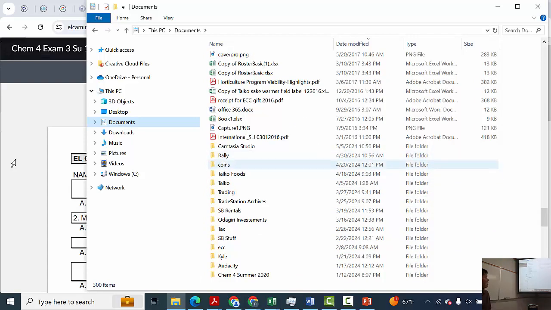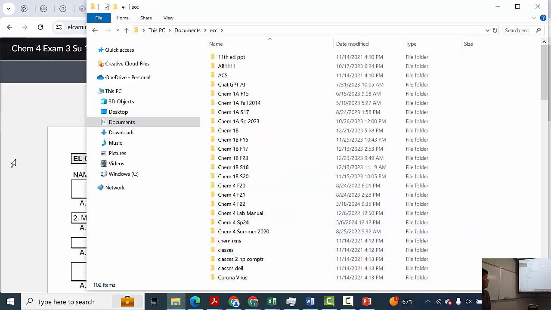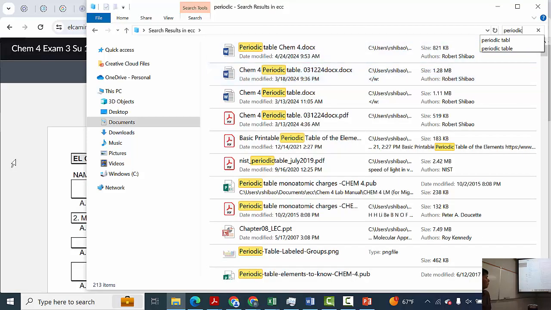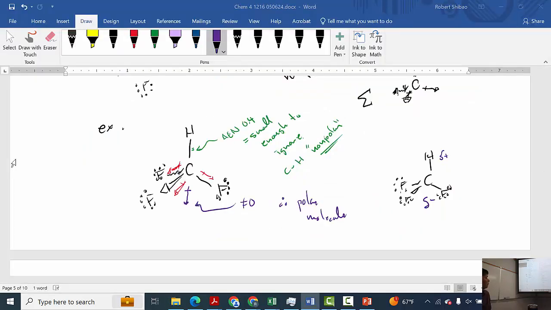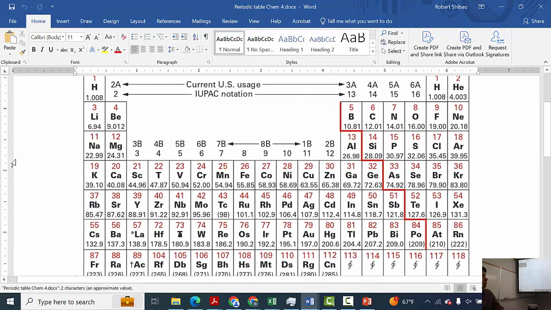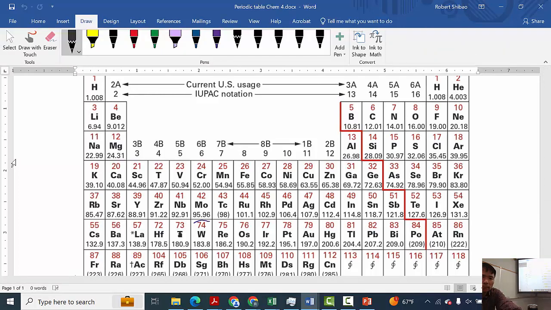Tungsten is symbol W. So I'm looking for tungsten here, it's W. This is the first, second, third, fourth, fifth, sixth shell.